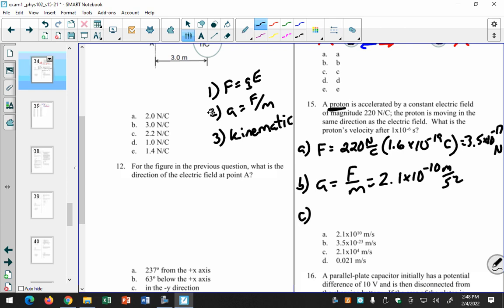And then finally, I want to know what is the velocity. I know that V is equal to A times T. That's one of my 2 kinematics equations. V equals AT. X equals 1/2 AT squared. It's from last semester. So that acceleration times the time, 1 times 10 to the minus 6.